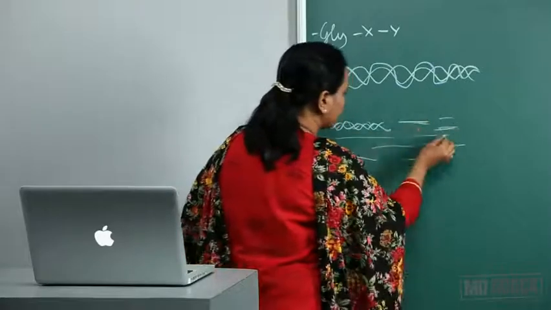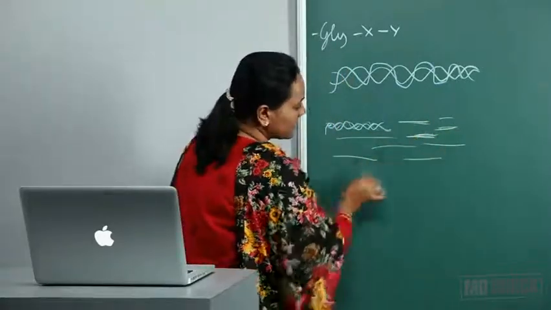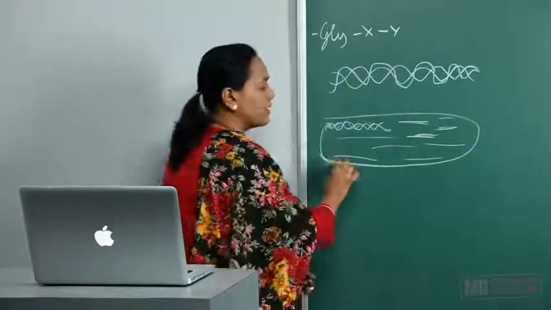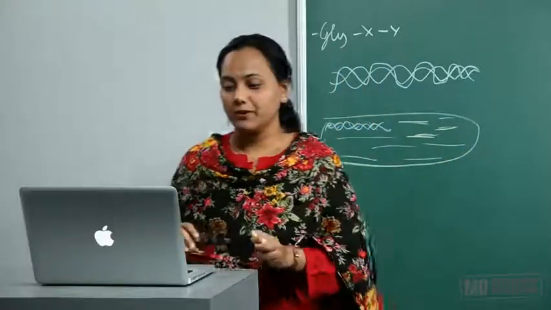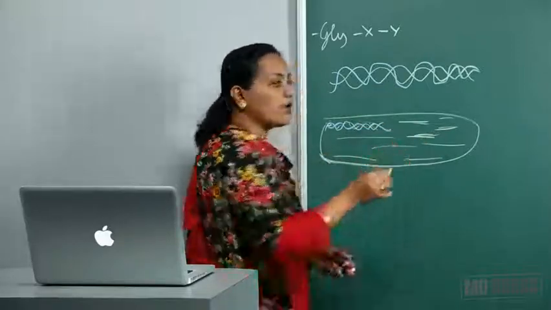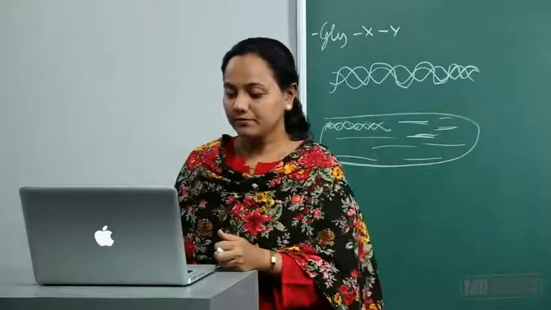Each of these is triple helical. This whole structure is called a collagen fibril, which has many tropocollagens arranged in the form of a quarter stagger.